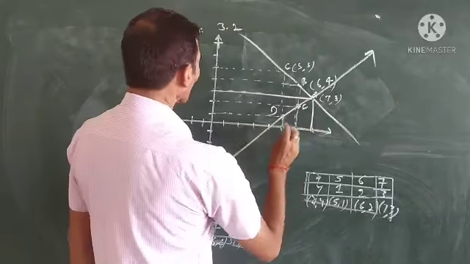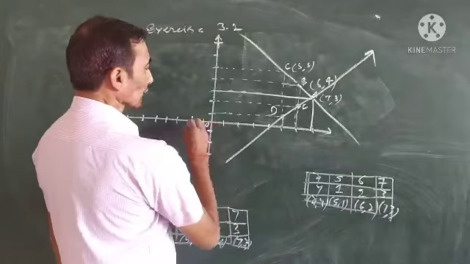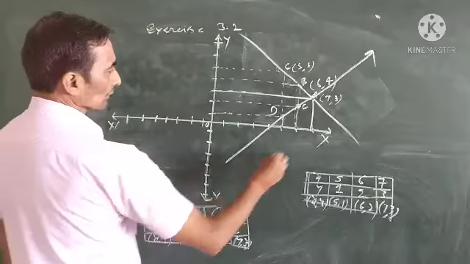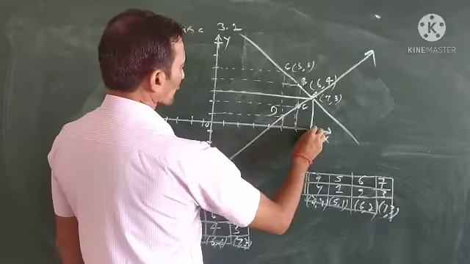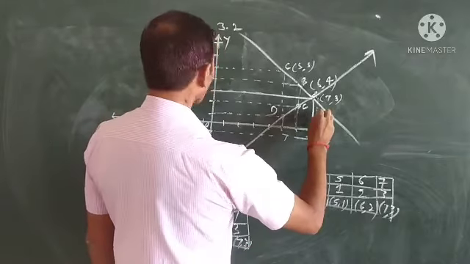We see that the distance from the origin to point A is 7 and this is 3.